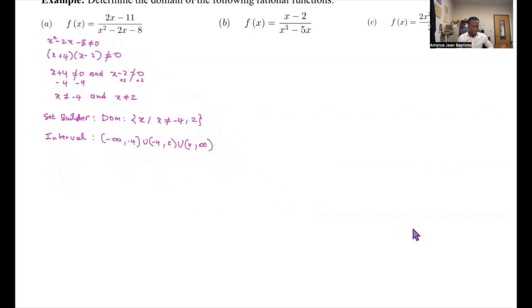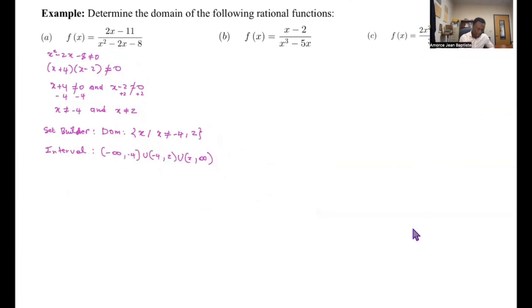So that's the first example. Example B, same condition. We don't want the denominator to be 0. So x cubed minus 5x is not equal to 0. We can factor the GCF: x times x squared minus 5 should be not 0.